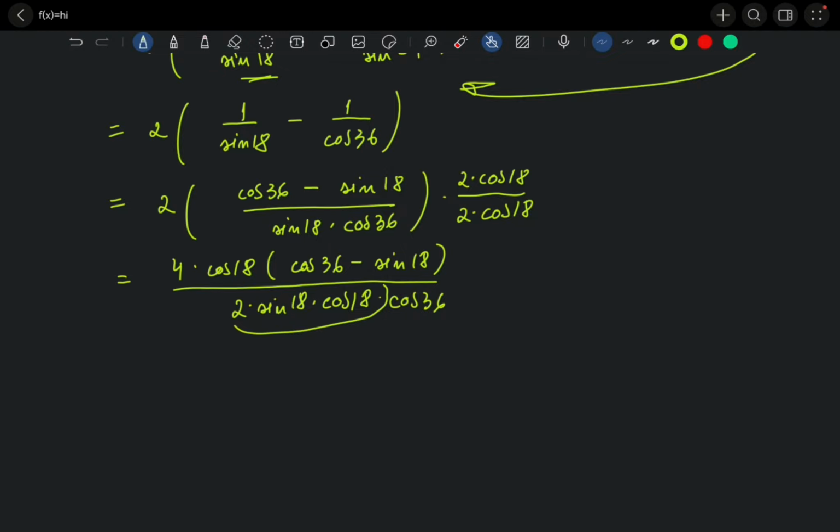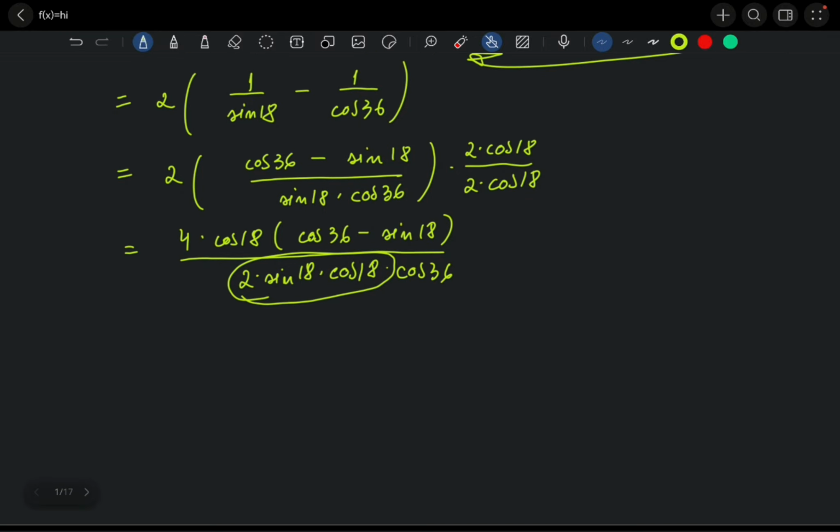Now, if you take a closer look at the first two terms of the denominator, we see that it is the sine of 2 times 18, which is sine of 36 degrees, and our expression will be equal to 4 times cosine of 18 all over cosine of 36 minus sine of 18 all over sine of 36 degrees times cosine of 36 degrees.